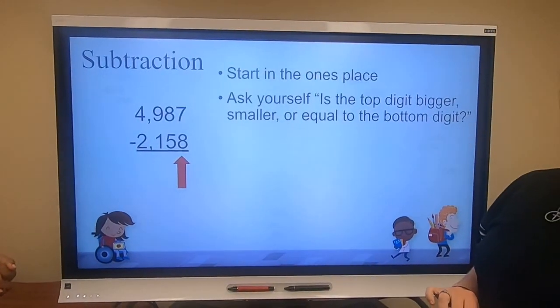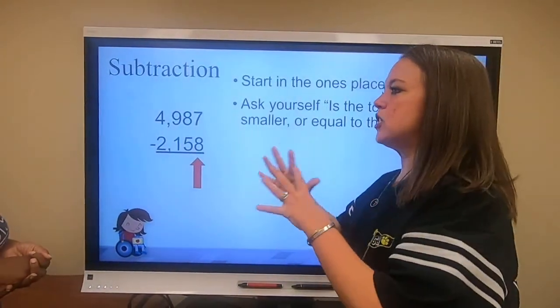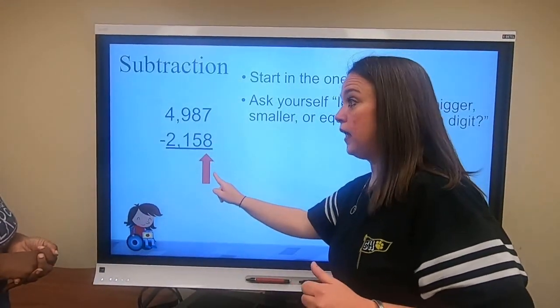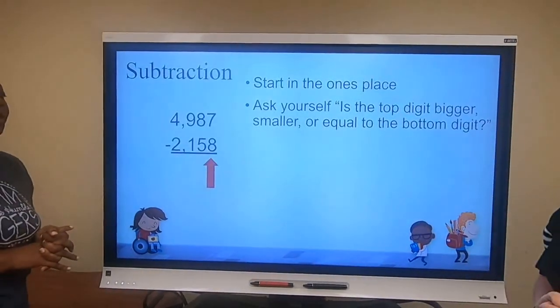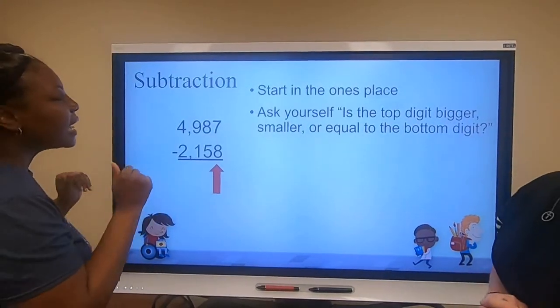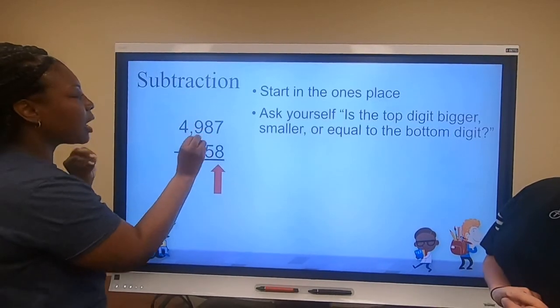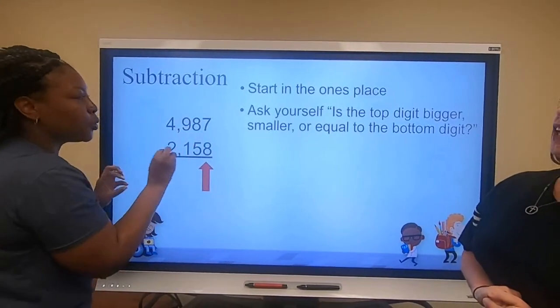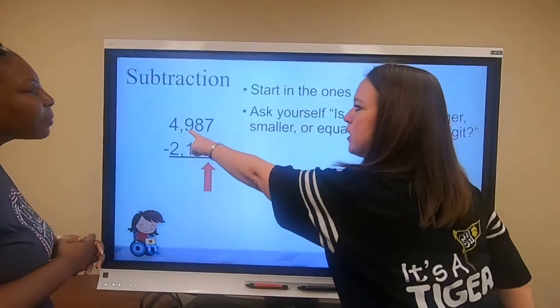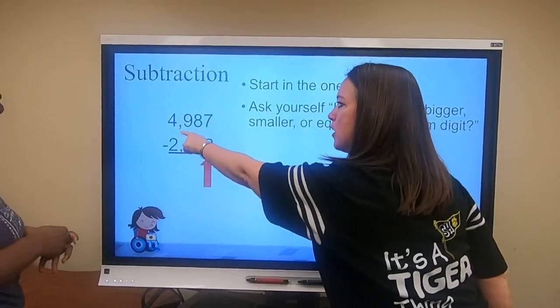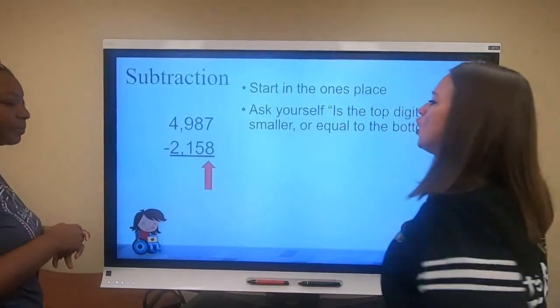It is smaller, Miss Wilson. Oh, so I'm just going to say that 7 minus 8 equals 1? No, Miss Wilson, you cannot do that because you can't switch your numbers around. Oh, because then I wouldn't have 4,987. I would have 4,988.